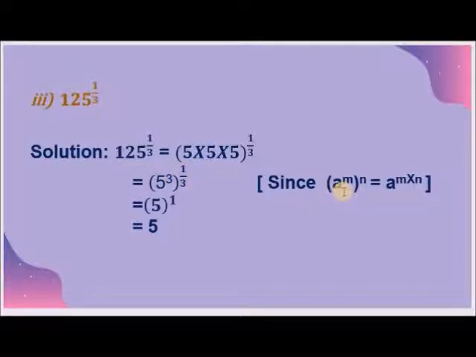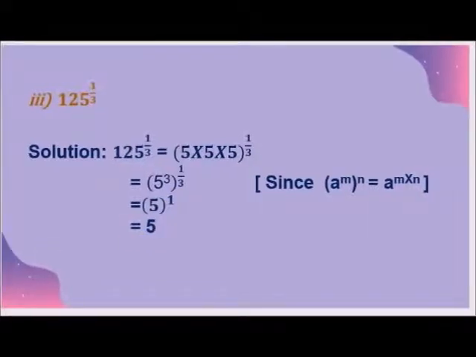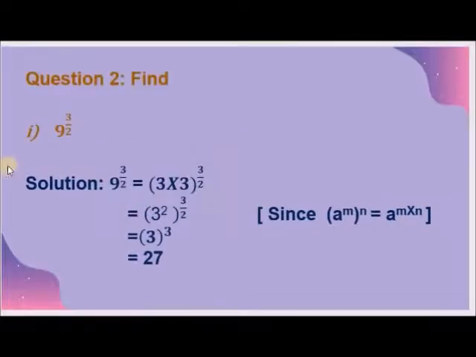Then again we will use a raised to the power m to the whole power n is equals to a raised to the power mn, which is equals to 5 raised to the power 1. Why 1? Because the 3s will cancel each other, then 1 is left, and 5 raised to the power 1 is equals to 5 only. Then let's move towards our next part, that is question number 2.